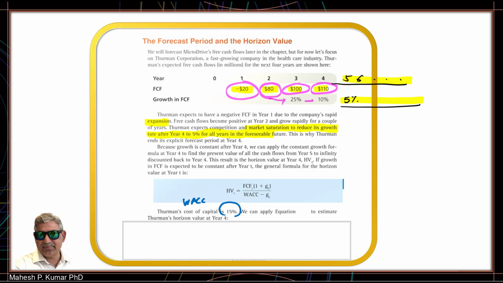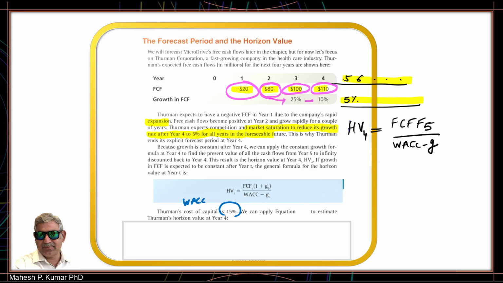But the most important point here is that in these situations, it is a good idea to calculate the horizon value of the firm. By horizon value, we mean that we should calculate the value of the firm in year 4, because constant growth in cash flow starts from year 5. So free cash flow to firm in year 5 would be discounted using the growth model, with WACC.